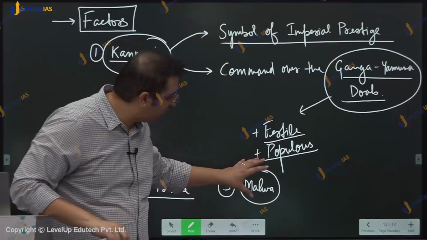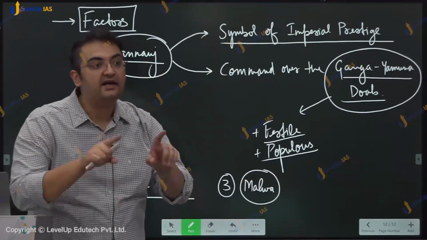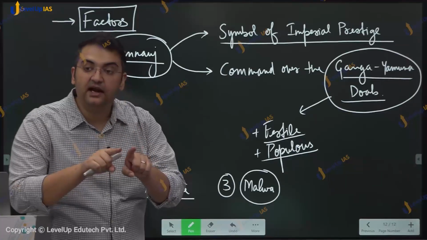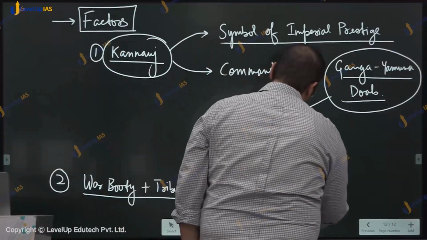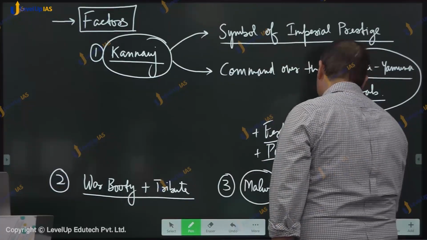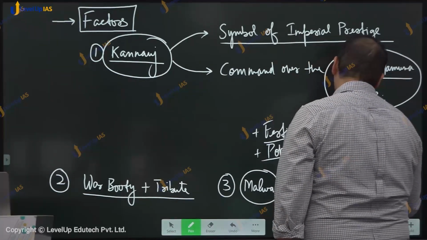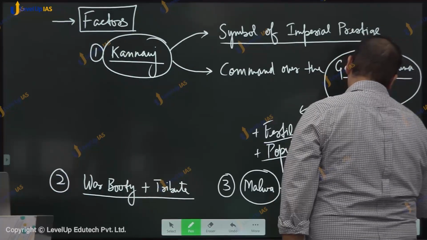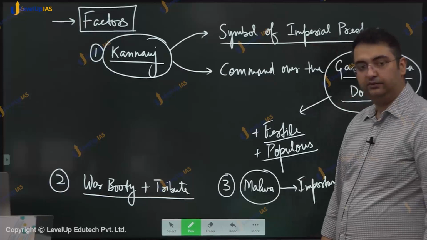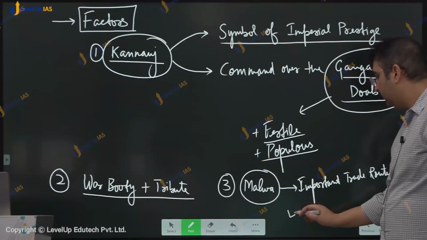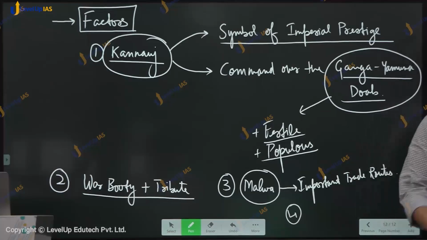Whoever controlled the region of Malwa could control the trade of the entire subcontinent as well as control India's overseas trade also. Okay? So it's important trade routes.